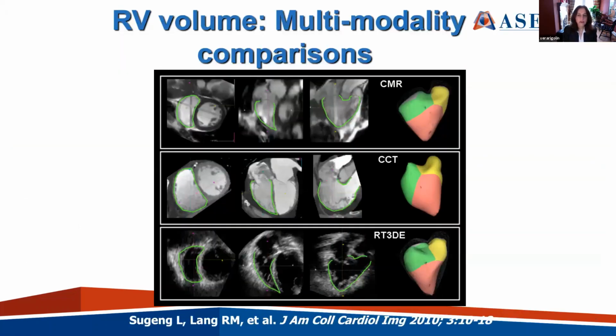So again, if we look at how 3D echo compares to other multimodality techniques, here's a study that was done by Dr. Lang and his colleagues in 2010, comparing cardiac magnetic resonance imaging to cardiac CT to three-dimensional echo.